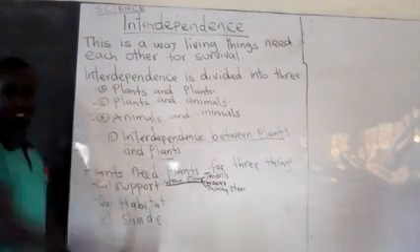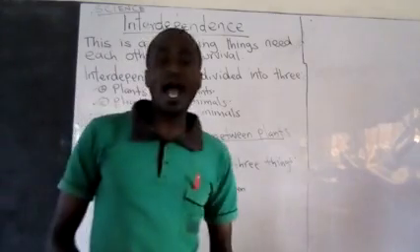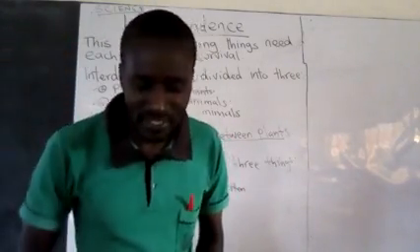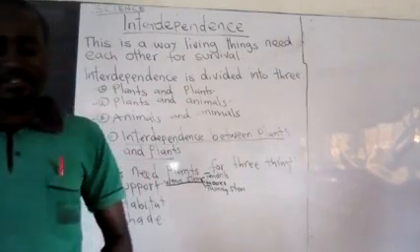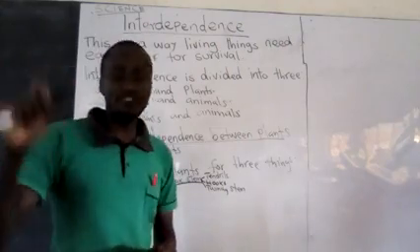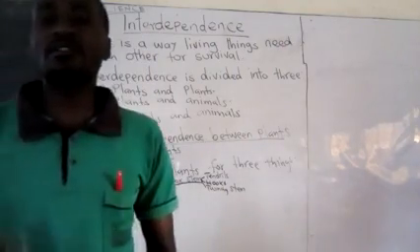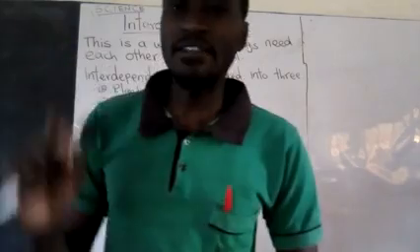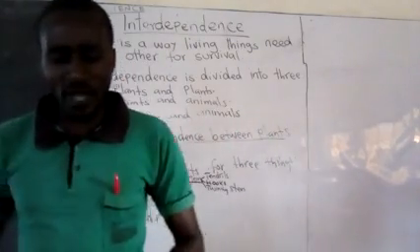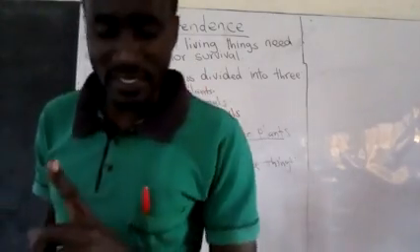Two, habitat. What is habitat? Habitat is a natural home for a living thing. Natural home for living organism. Some plants live and acquire food from other plants.